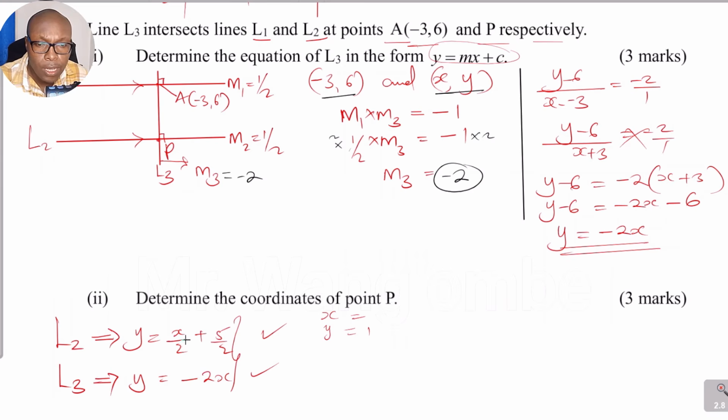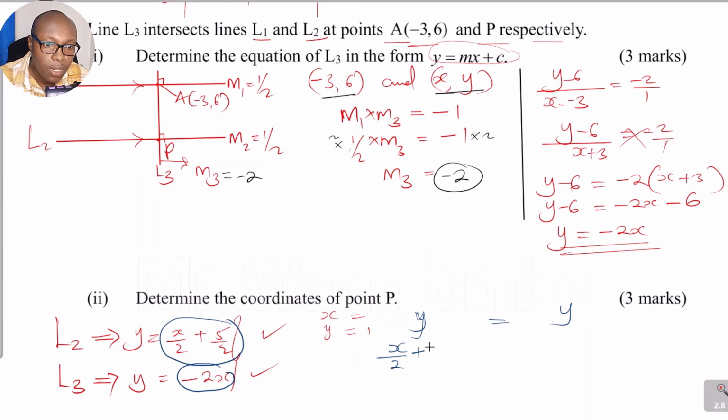I'm going to equate these. This is y and this is y. Both of these are representing y. So we have y equivalent to y. The first value of y is given as x over 2 plus 5 over 2. That is y from line 2. Then also we have negative 2x.